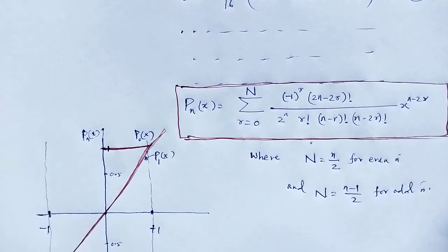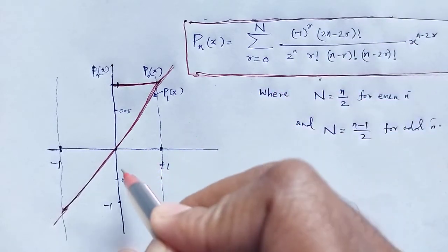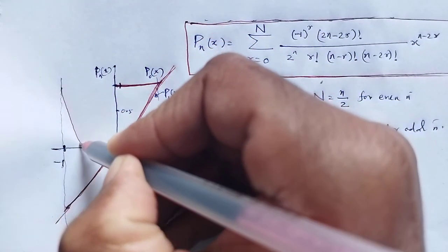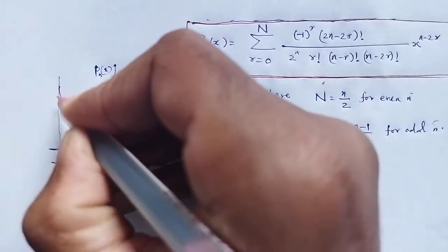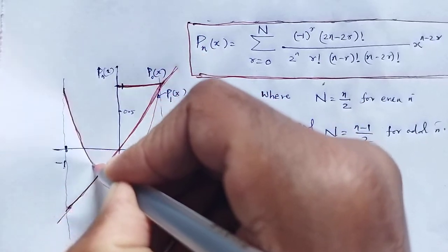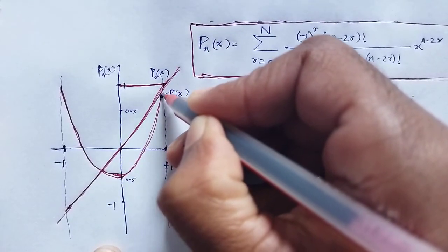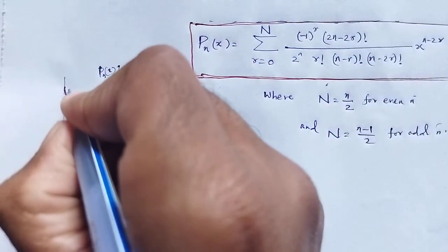The P2x graph will proceed this way, and this is the graph of P2x.